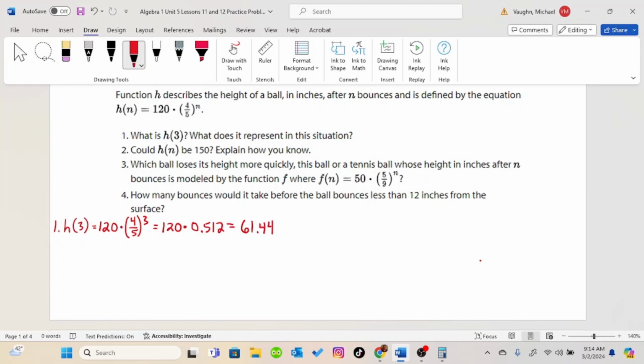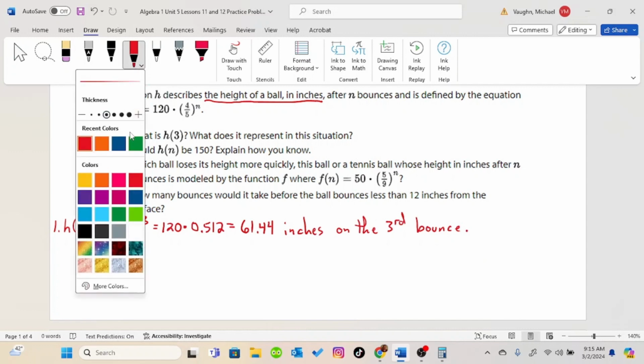And it says that this would be the height of a ball in inches. So that would be 61.44 inches on the third bounce. So that would be just above 5 feet.